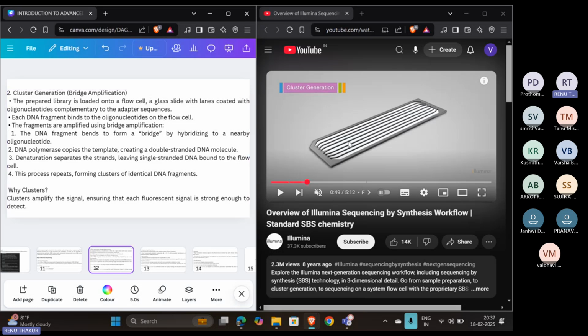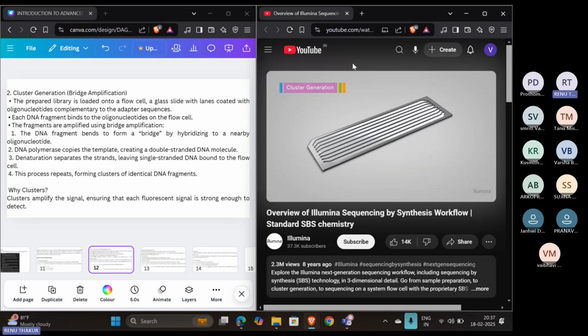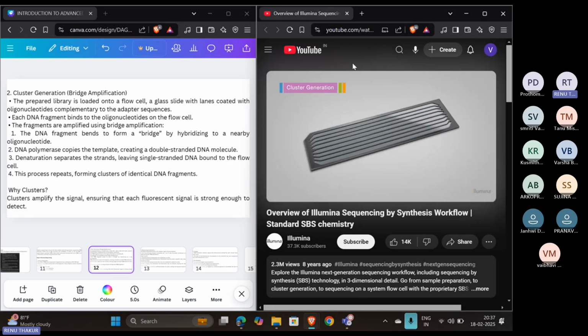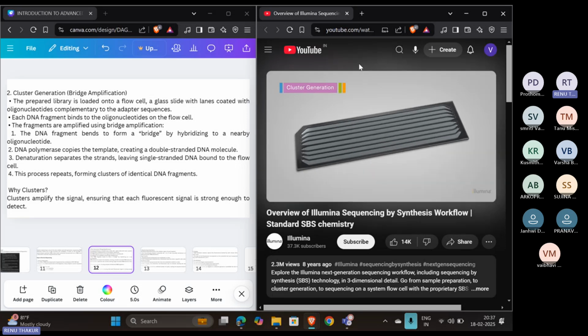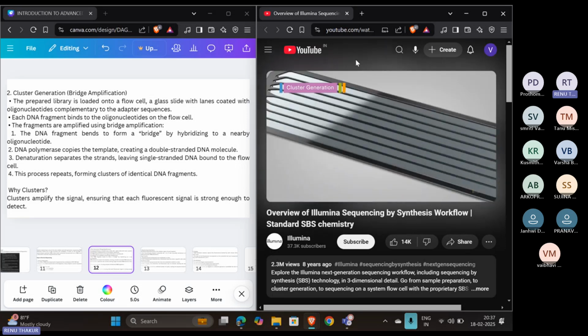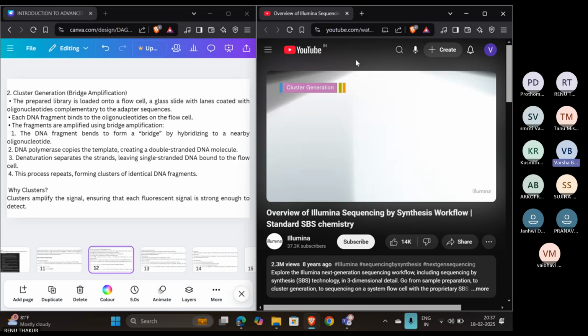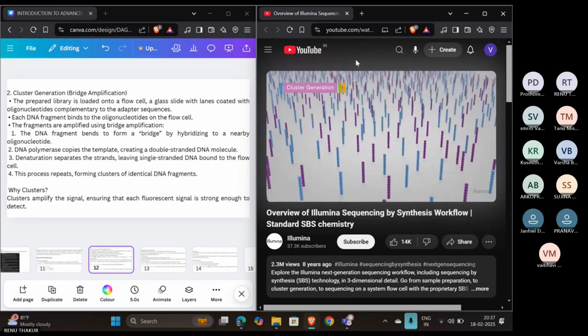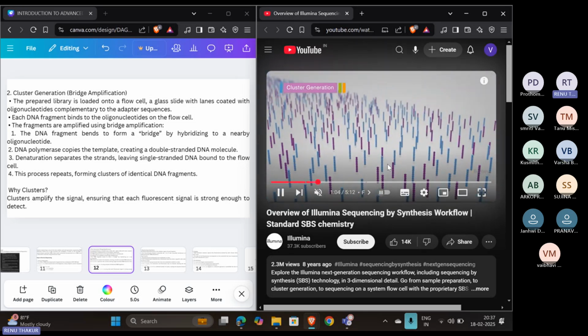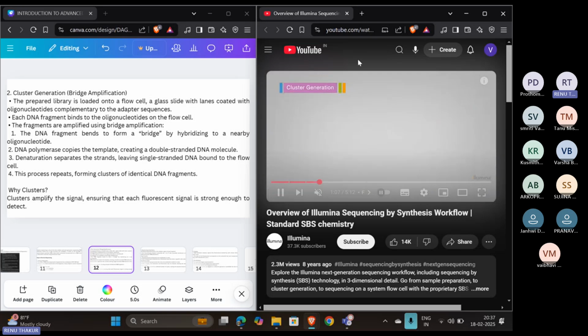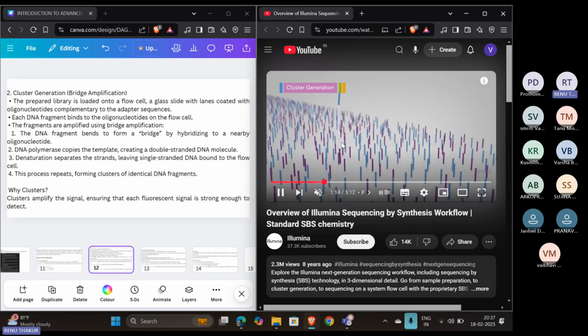So the prepared library is loaded onto the flow cell. Each DNA fragment binds to the oligonucleotides on the flow cell, since they are complementary and bind to each other. As you can see in this video, the oligonucleotides are already attached to the surface of the flow cell, and now we are adding our prepared library.